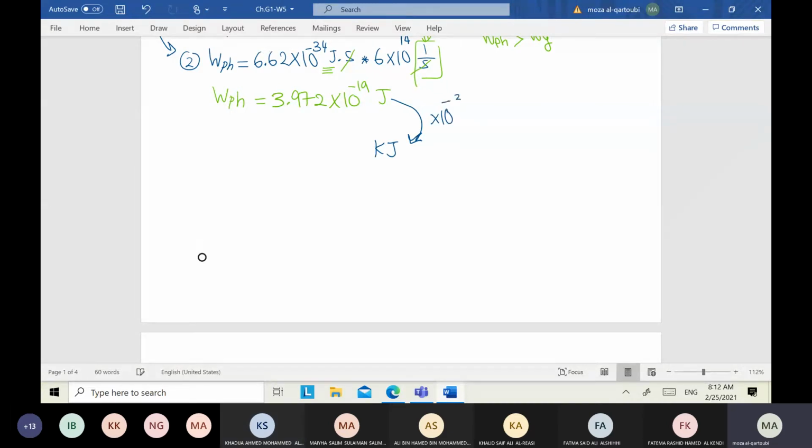So the final answer will be the same value, 3.972 times 10 power minus 22. Yes, 22. So this is the final answer, asked to find energy of photon in kilojoule. So this is the answer now.